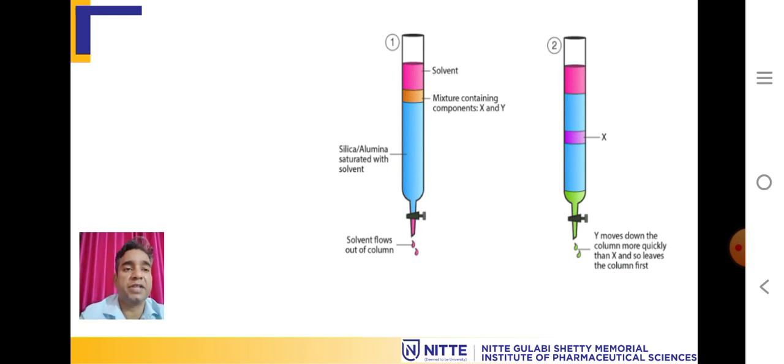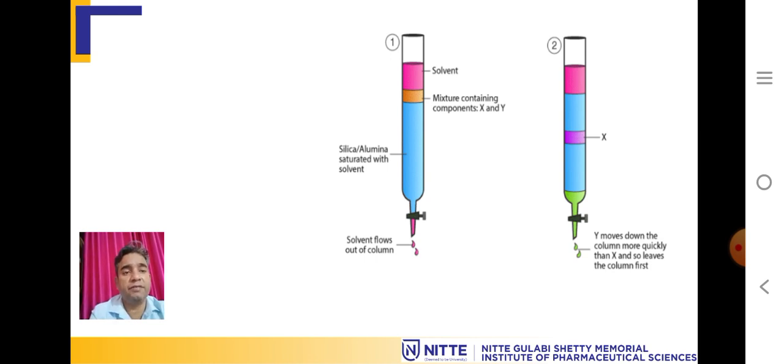We have a stationary phase here, in blue color, silica or alumina saturated with a solvent, and then the top in red color is the solvent, and then the compound is a mixture of X and Y, shown in yellow color. With respect to time, in the second one, you can see that compound X is moving and Y is moving, and Y has eluted out and X is still in the column, right? How does it travel?